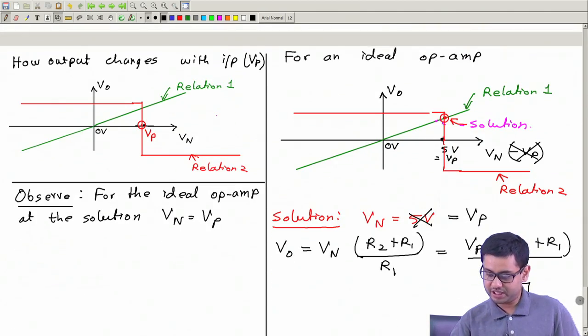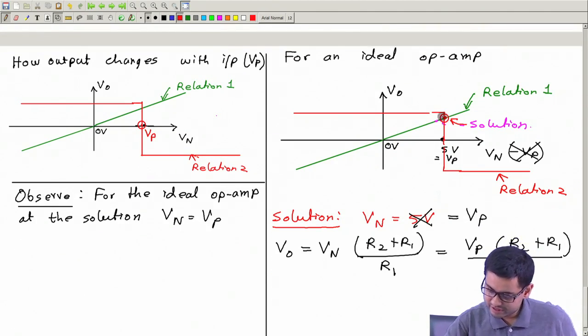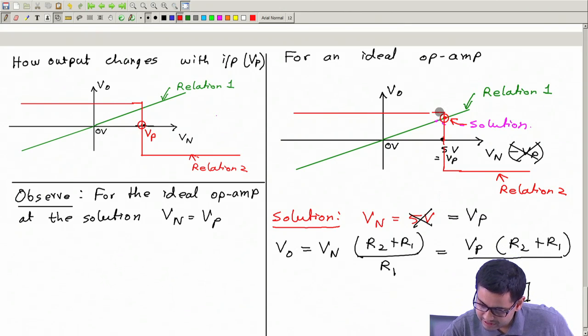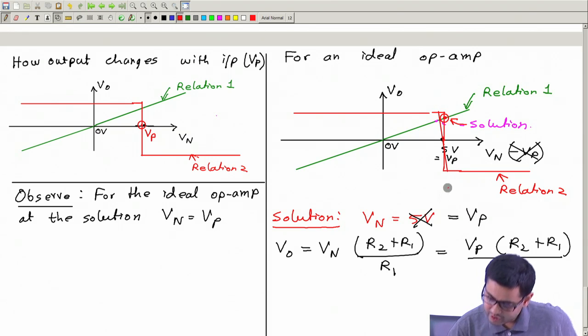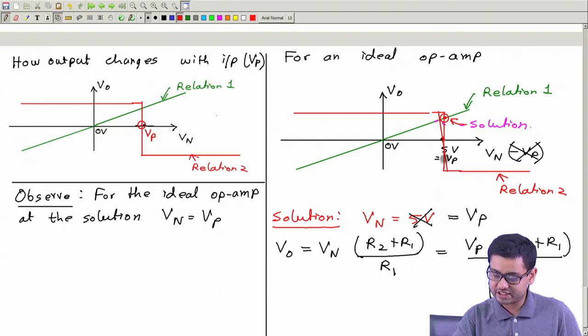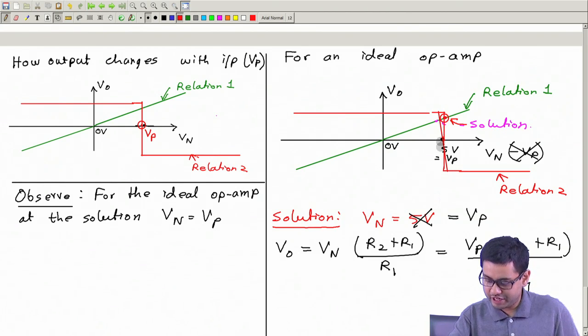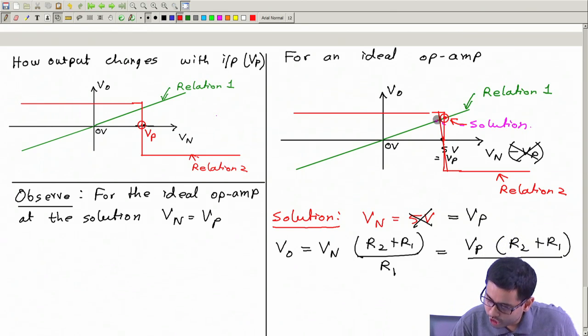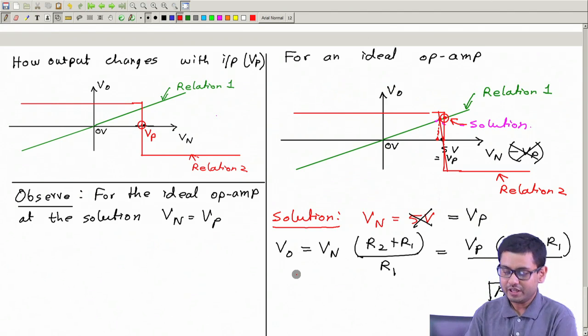Not at exactly the same potential, because this line is not exactly vertical, it is slightly tilted. How much tilted? That depends on how good the op amp is. For a perfect op amp, this is perfectly vertical. For a good op amp, this is very much vertical. So this is the solution, and this is the value of Vn, which is very close to Vp.